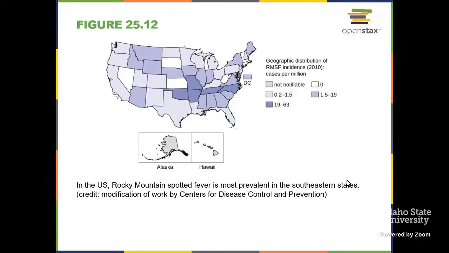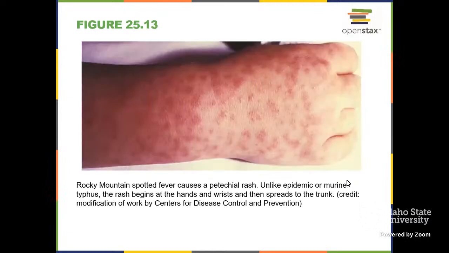Rocky Mountain Labs is a National Institute of Health lab, and there were researchers studying all sorts of tick-borne illnesses and Rocky Mountain, Lyme disease, and a handful of others, relapsing fever, all different tick infections, and a lot of them researched and identified right up in there. So that's really where some of that comes from.